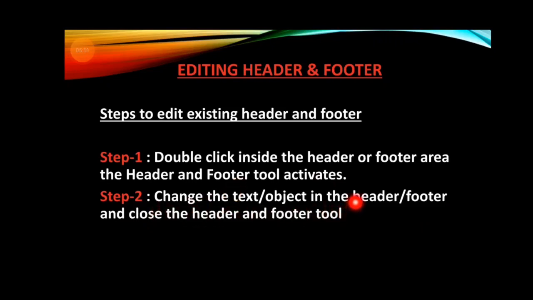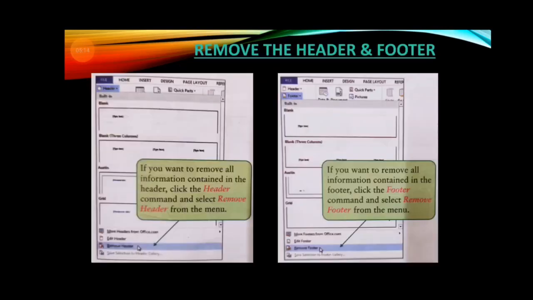In the same way, students, if you want to remove the header and footer, through this diagram it is clear to you. You can simply click on the design tab. Under this you can see the header and footer options are available. When you click on header, you can see at the bottom one option, remove header. You can see this arrow, the remove header option is there.